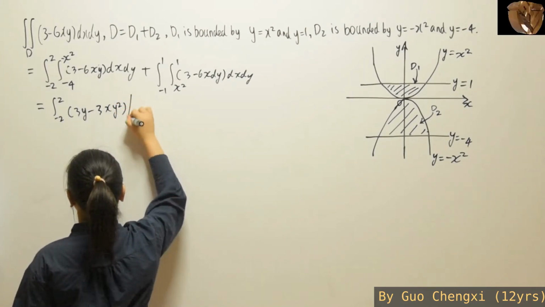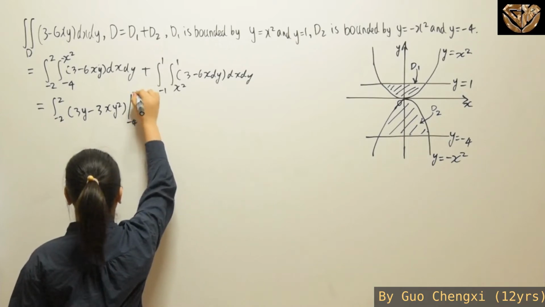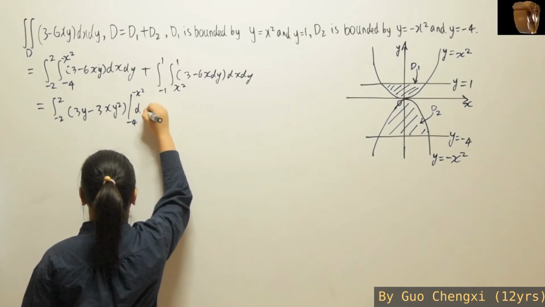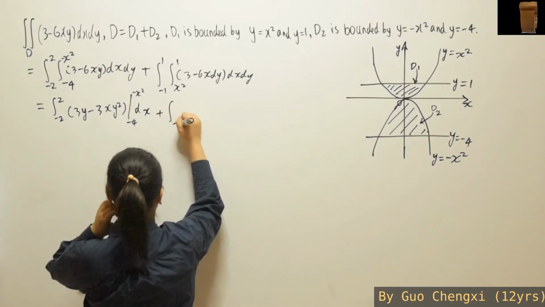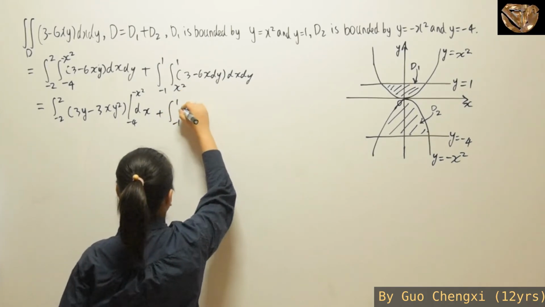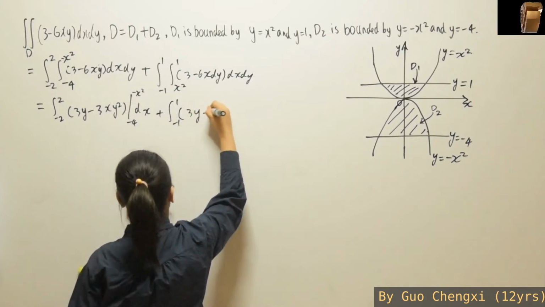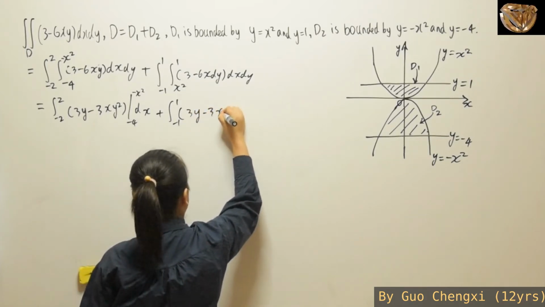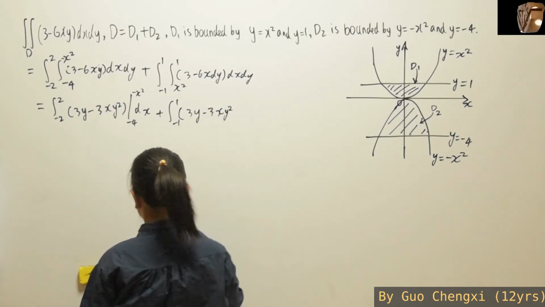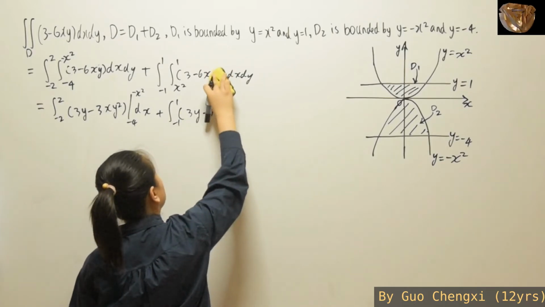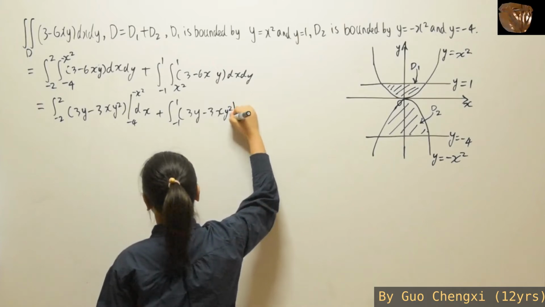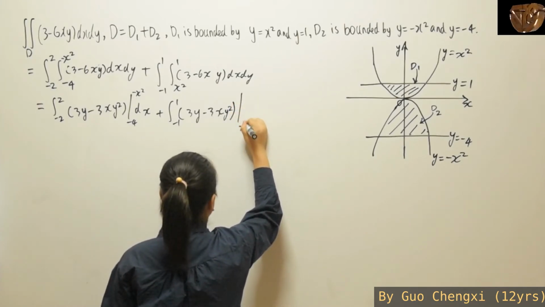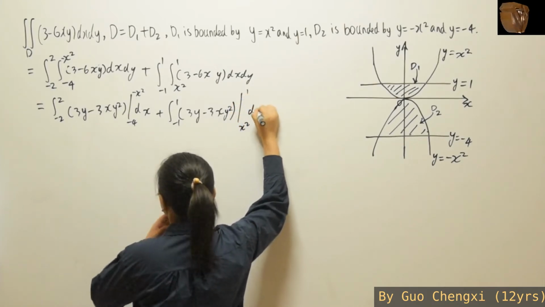And then after that, you substitute from negative 4 to negative x squared dx. Then plus, you also integrate for this part, which you're going to get, once again, 3y minus 3xy squared, from x squared to 1 dx.